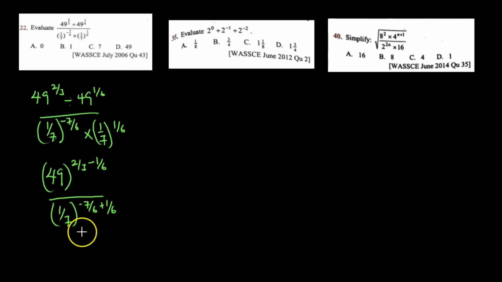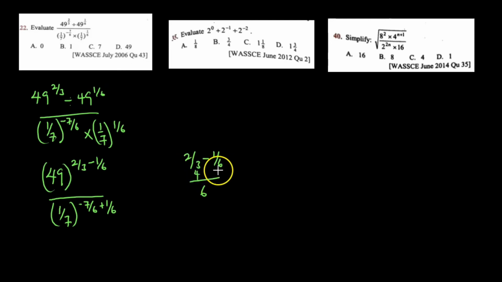So going forward, now 49 to the power 2 on 3 minus 1 on 6. When we check it out, the LCM is going to be 6. We can do a side work. So I have 2 on 3 minus 1 on 6. The LCM is 6. 3 goes into 6 2 times, 2 times 2 is 4.